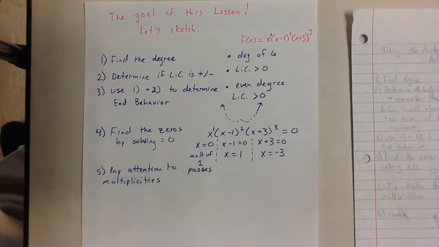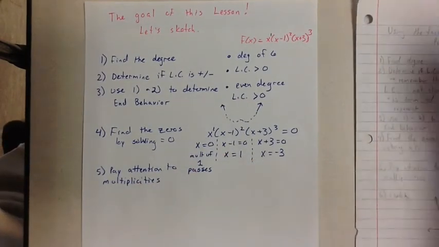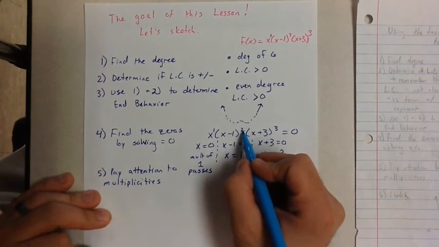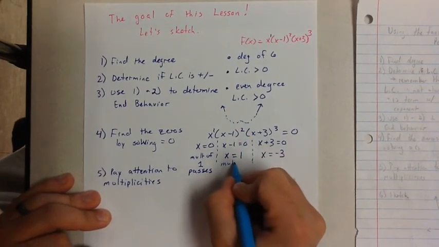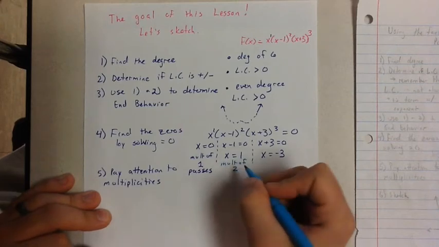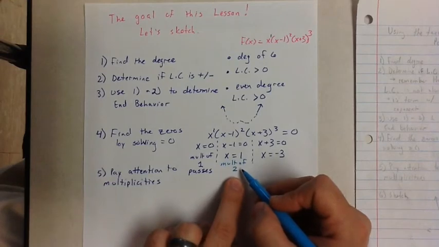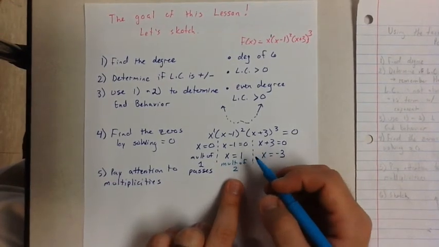Okay? Use a different color here. And then with our 0 of 1, we have to see it has a degree of 2, so multiplicity of 2. So I'm going to pause here, or you can hit pause. Since I have a multiplicity of 2, are we passing through or doing something else?